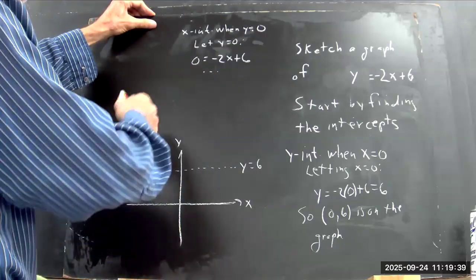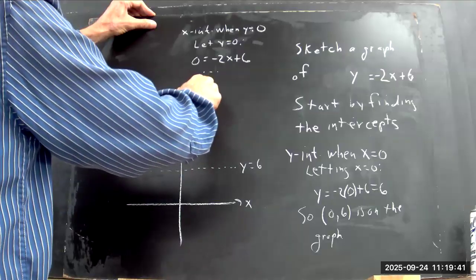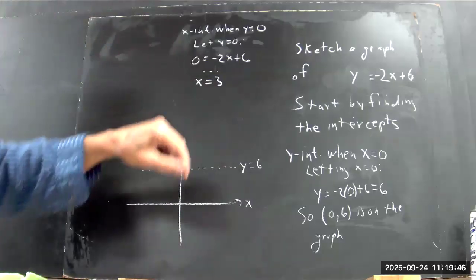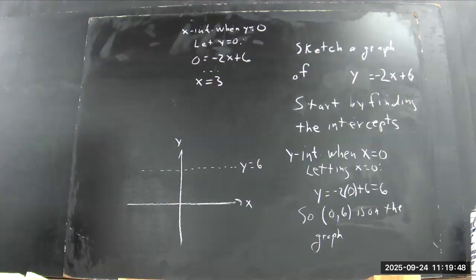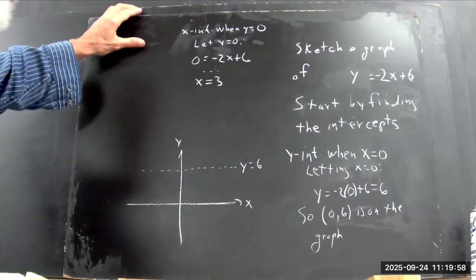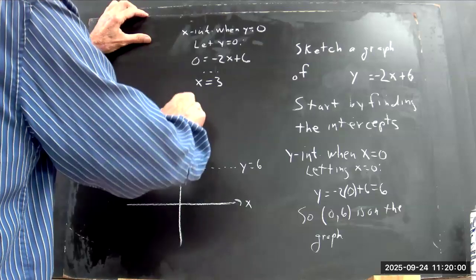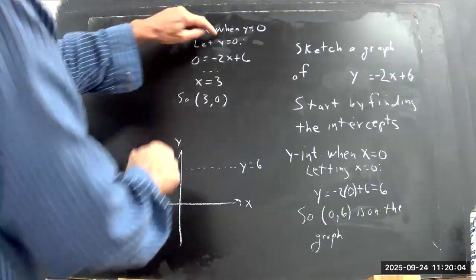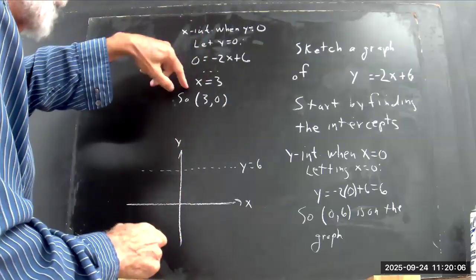It's a very simple linear equation. I'm not going to write out all the steps, but you should, because you want to keep reinforcing those steps until you've done about 1,000 problems, at least 100. Okay? So we get x equals 3. So the point (3, 0), because when y is 0, x is 3.